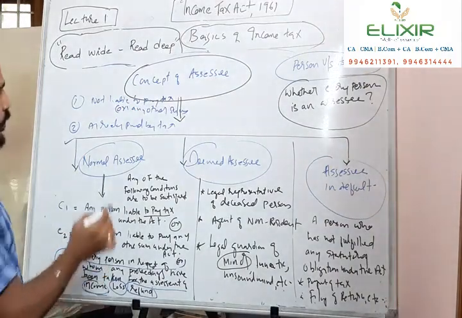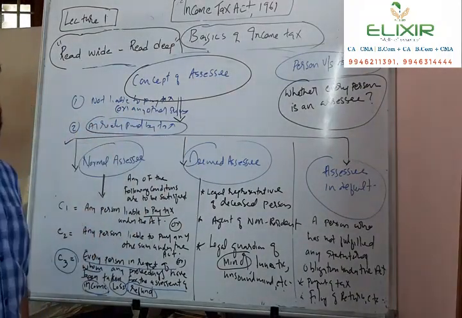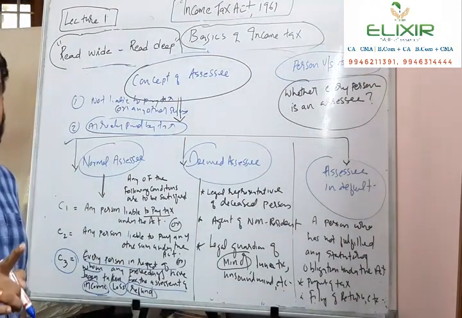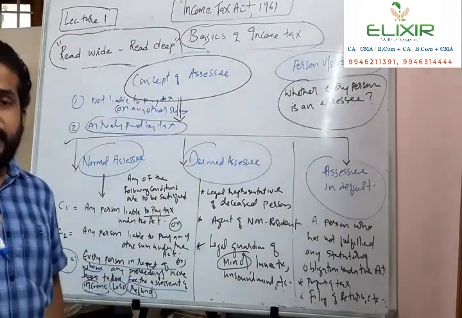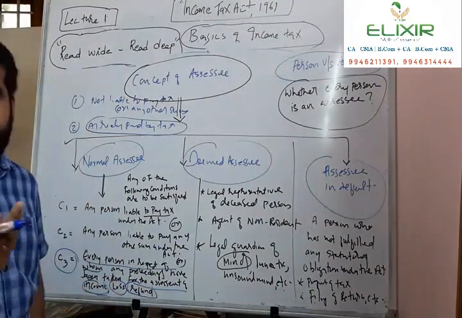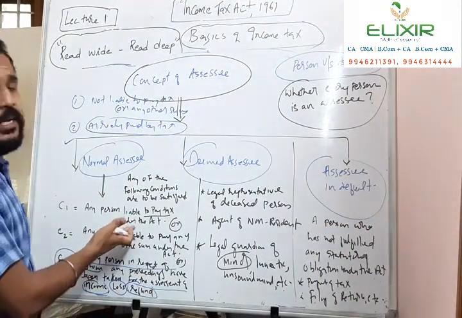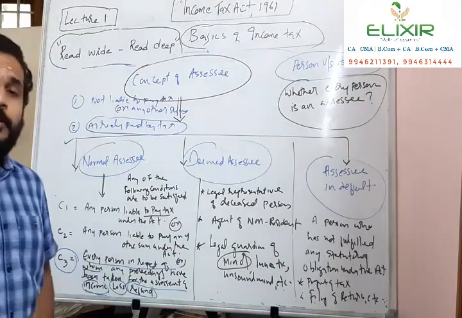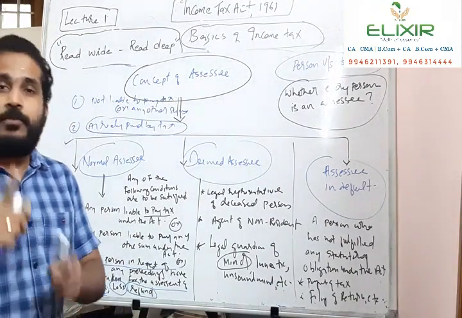So the answer to the question whether a person who paid tax can be treated as assessee: still he can be, if the department has initiated any proceedings for the assessment of income or loss. If I incurred loss from the business and do not pay any tax, the department will look into whether that loss is as per the provisions of the Act.